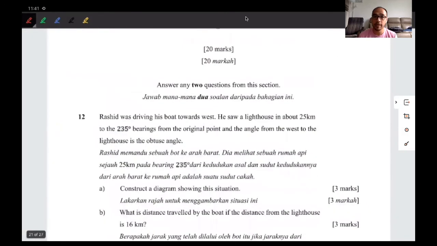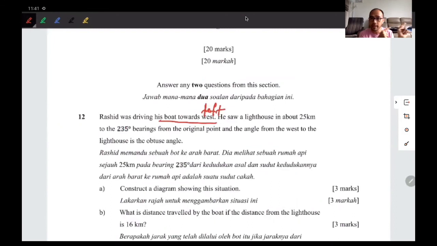Question 12. This is the other doozy question. This is solution of triangle, but with bearings. Rashid was driving his boat towards the west. West is to the left. North, south, east, west.